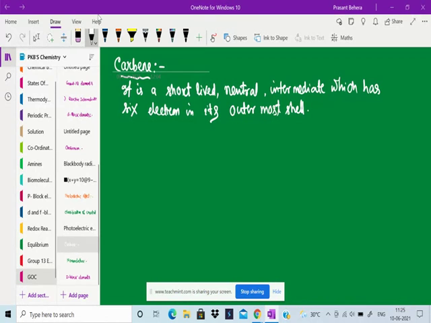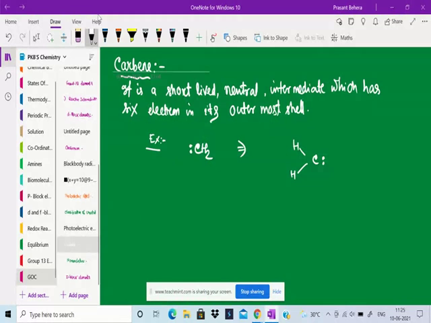Now let's discuss its types. Example, CH2, the carbene. It can be represented in this way: C, here is the H, here is the H, here is the lone pair. It means it is a neutral, short-lived and most reactive intermediate.